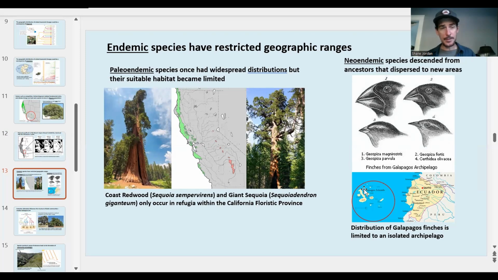Whatever the case may be, the Galapagos Islands were colonized by an ancestral finch species, which was then later able to diversify into multiple endemic finch species that only occur on the Galapagos Islands, but they did so after the fact, more recently. So we would call them neoendemics.